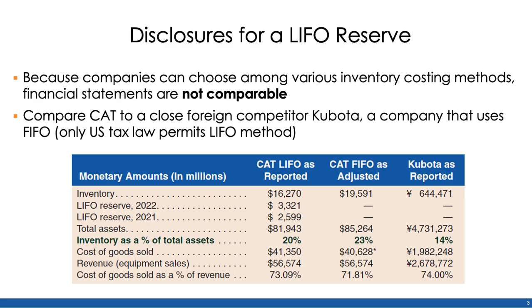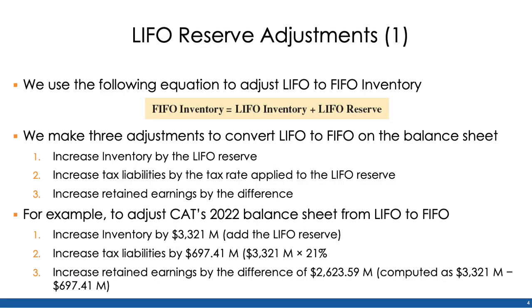But you can see here that there is a significant difference. For instance, look at the bolded item of inventory as a percent of total assets under LIFO versus after adjusting back to FIFO. The level of inventory grows significantly to 23% of total assets versus the 20% under LIFO.